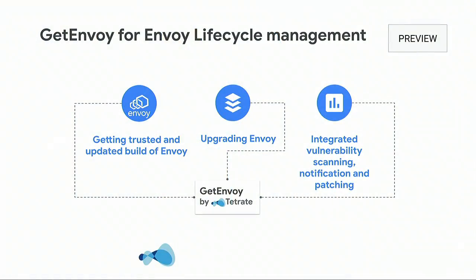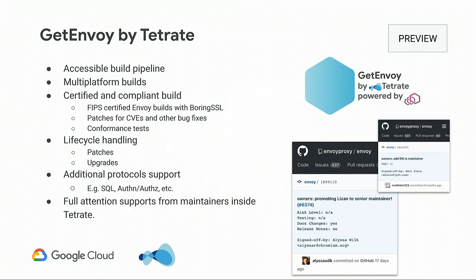Get Envoy is one of our products that we launched. It is still in preview, but we will do the build distribution of Envoy. It is trusted, it is certified, and there will be a mechanism on how to upgrade Envoy, and also how we do the integrated scanning for patching Envoy.